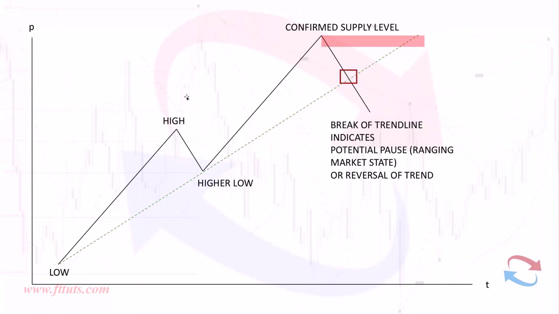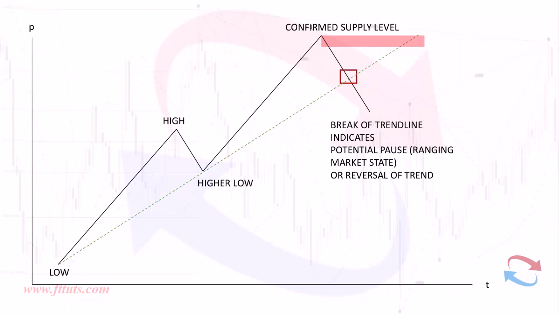Now, we're going back to the uptrend example. When we draw our trend line, the break of a trend line indicates a potential pause, right? So a ranging market state, value range, or a reversal of the trend.